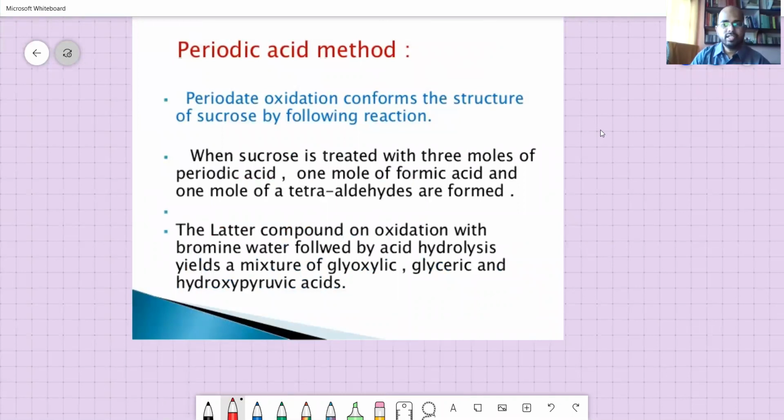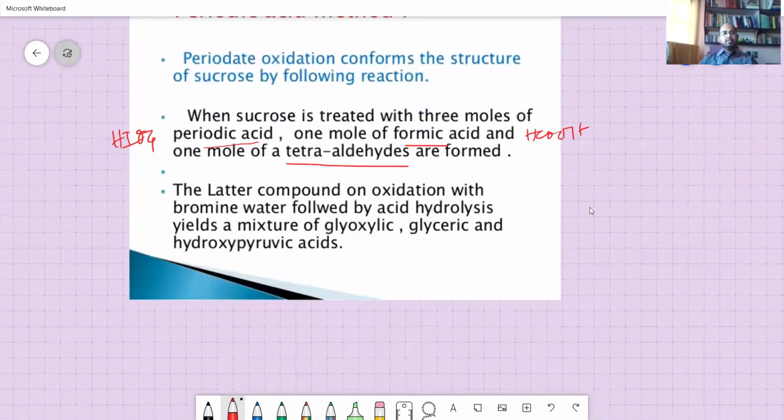When sucrose is treated with 3 moles of periodic acid and 1 mole of formic acid, okay, periodic acid is HIO4 and then formic acid is HCOOH. 1 mole of tetraaldehyde is formed. The latter compound on oxidation with bromine water followed by acidic hydrolysis gives a mixture of glyoxylic, glyceric and hydroxypyruvic acid.